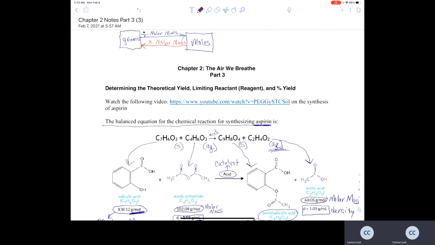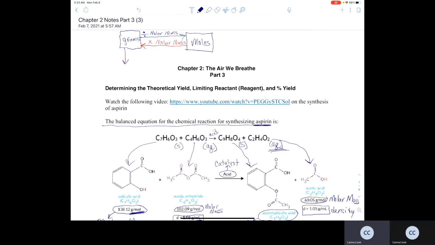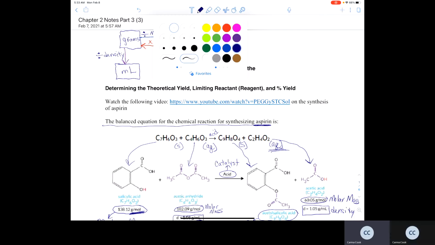So I can also start with grams and convert those grams to milliliters by dividing by the density. And then, of course, I can go in the opposite direction.